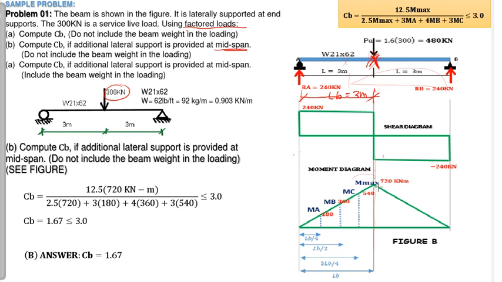Okay? Mmax is the maximum moment that is equal to 720. Yung MA natin is quarter points at quarter points. So, LB over 4, that is 3 over 4. Yung value ng MA natin sa 3 over 4 is equal to 180. Okay? 180.